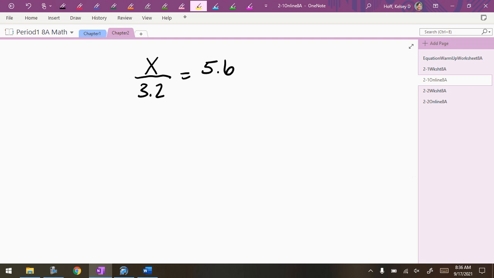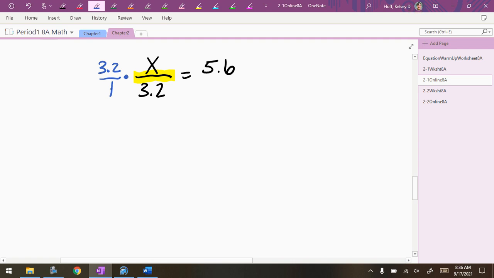Now, in math, what operation does that fraction bar mean? Add, subtract, multiply, or divide? It means to divide. A fraction means you divide. To get rid of a fraction, we need to do the opposite of division, which is multiplication. So instead of dividing by 3.2, you're going to show me that you're going to multiply by 3.2, which is really over 1.